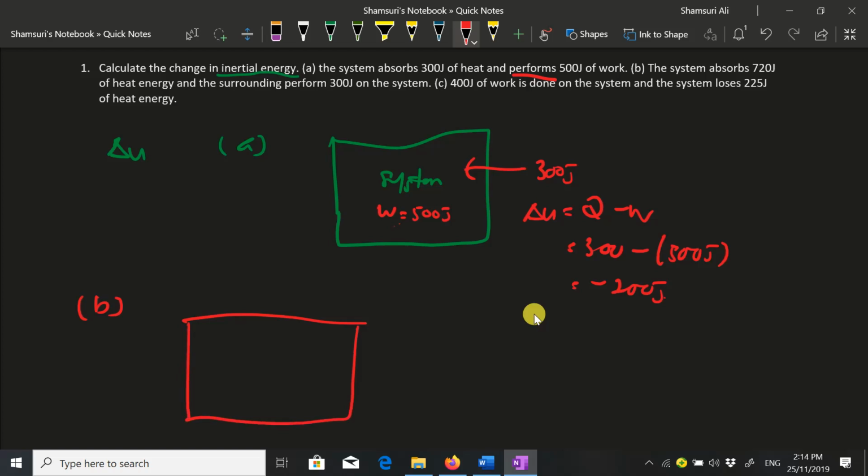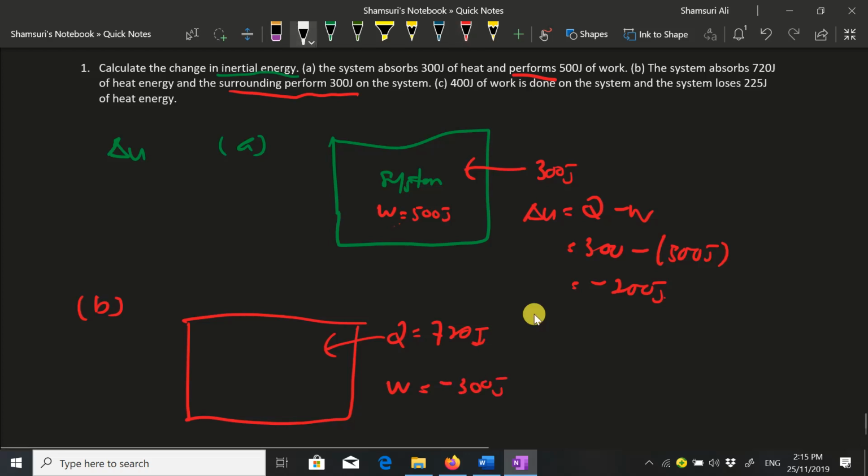So this is Q, and this is the absorption energy, and the surrounding performs 300 joules. So the work here is by the surrounding, so it is performed on the system, so it should be minus 300 joule. So here we can calculate the delta U.